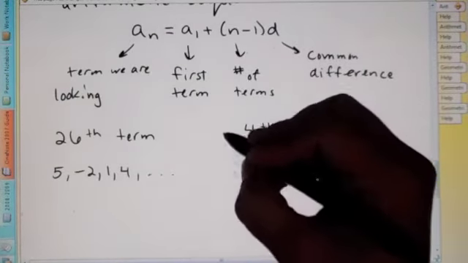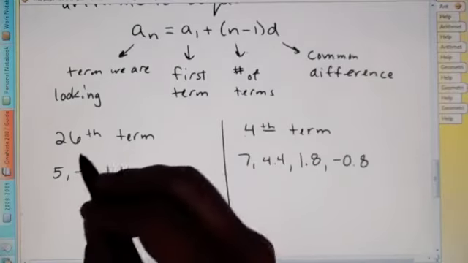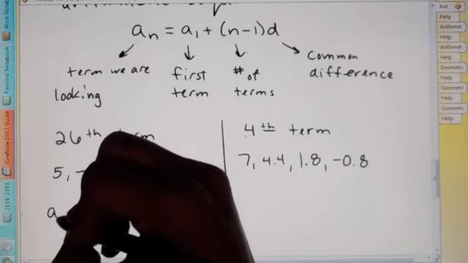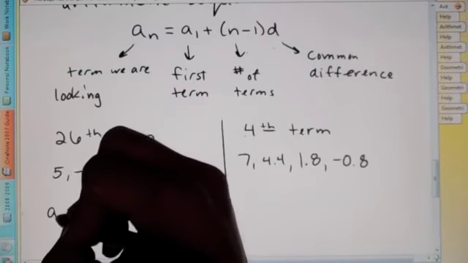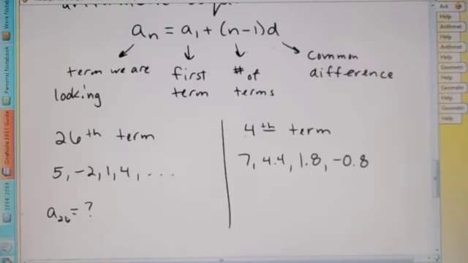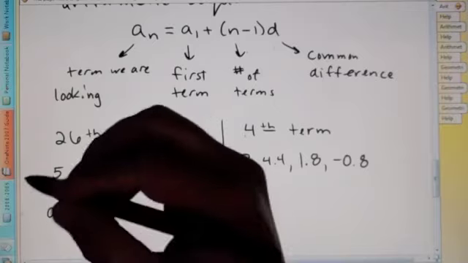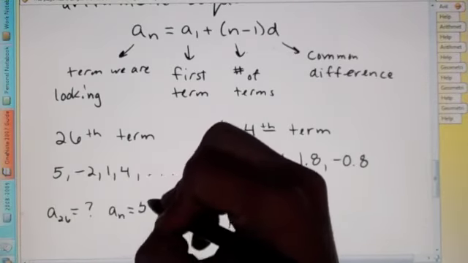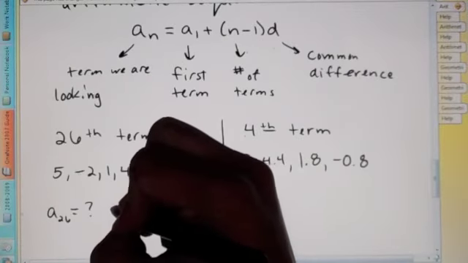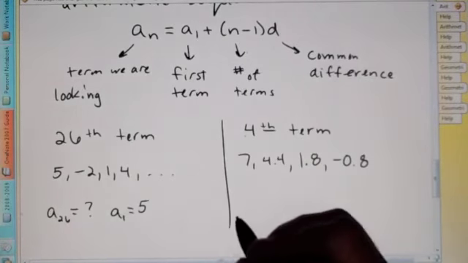For this problem, there are two separate problems here. We have to establish variables. We have a sub n, which we don't know. In this case, that's a sub 26, the 26th term. We know that a sub 1 is our first term, negative 5.